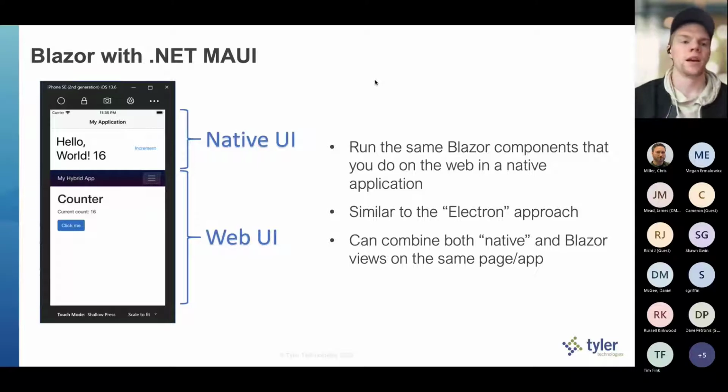So if you have a brand new app, maybe I want to do all Blazor, except maybe render this one part of it as native, or maybe I already have a native app with Xamarin, or now I move it over to MAUI, but I want more shared code. I want a website off of it, and I want it all to share the same code. So maybe slowly over time, I take my native UI views, start making them Blazor, and they can combine, live side by side.